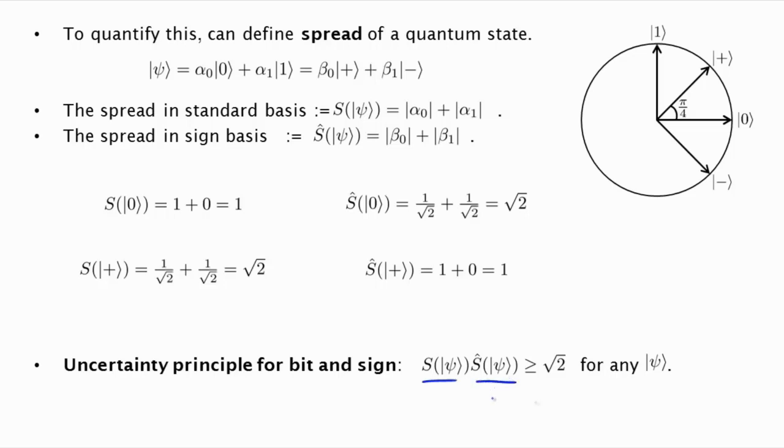At least one of them must be at least the 4th root of 2. Okay, so that's the sense in which you must be uncertain about either one or the other.